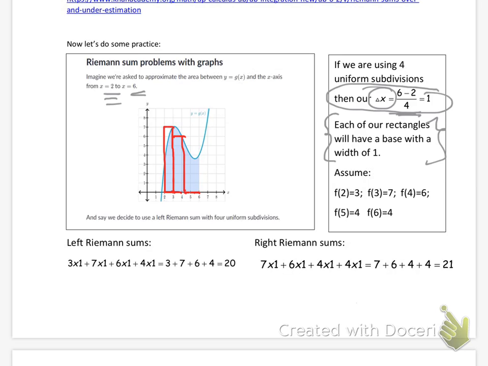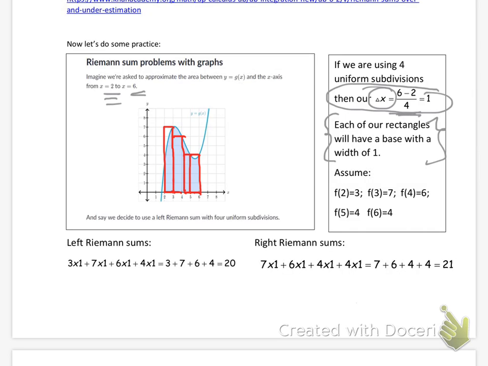Then go to the 3, go up and hit the curve, and go horizontally across to your left. Whoops. To your left. That is Riemann sum number 3. And then go to 6, go up and hit the curve, and go across, and that's going to be Riemann sum number 4. So we have 4 rectangles.